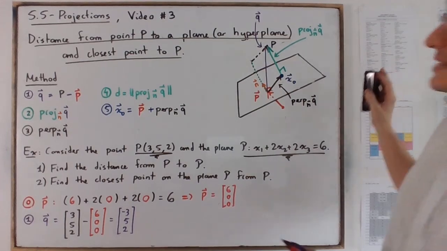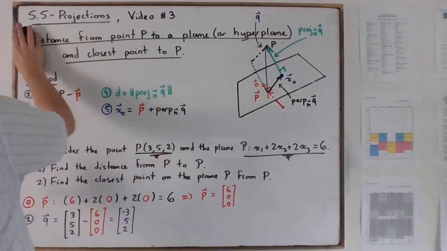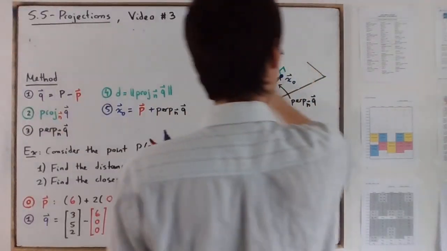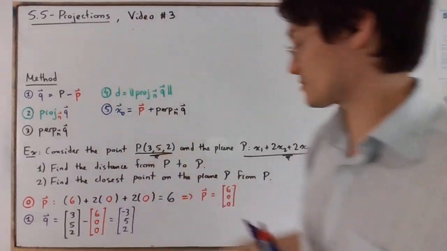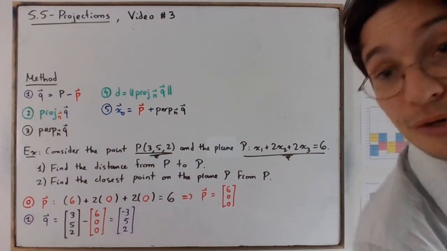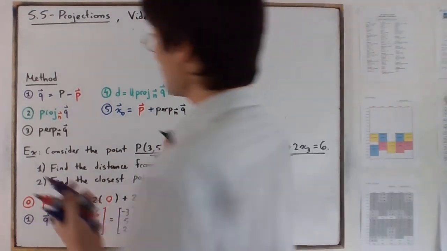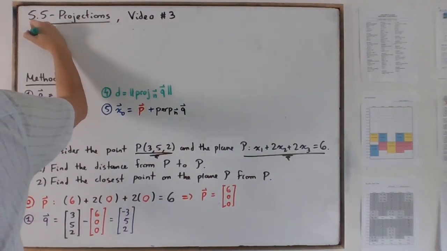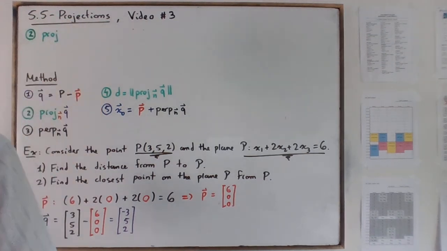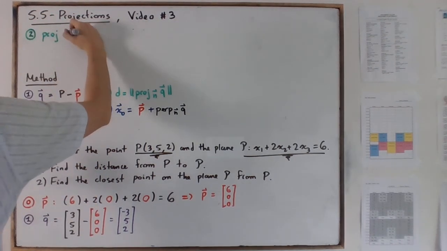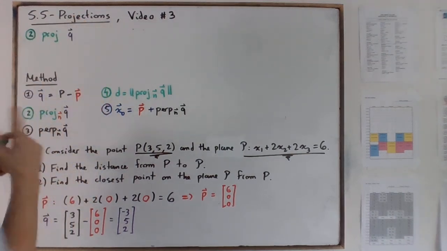And now let's erase the drawing. I'll keep this as much as I can, but eventually I'll have to erase it as well. Let's now compute the projection of Q on the normal vector.